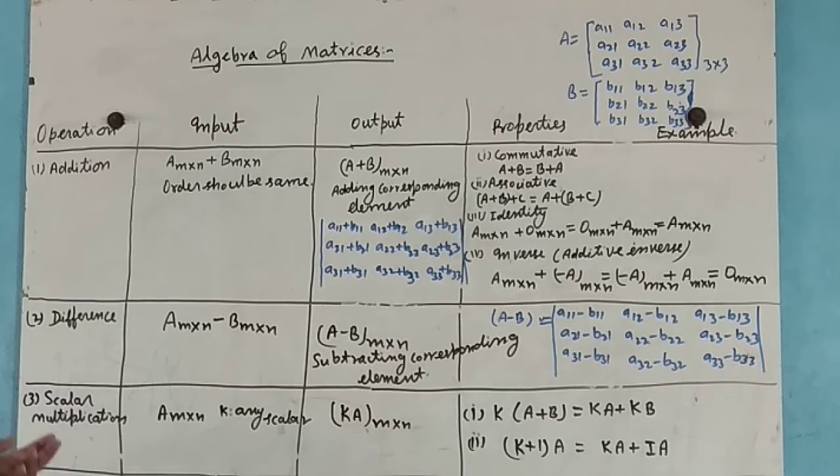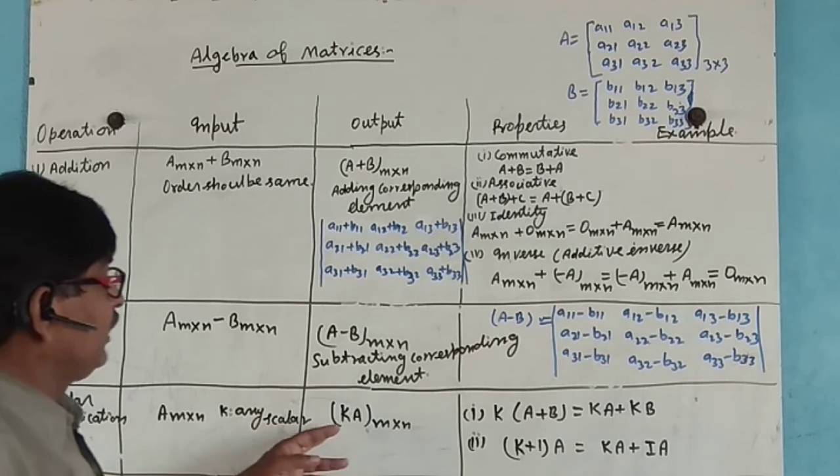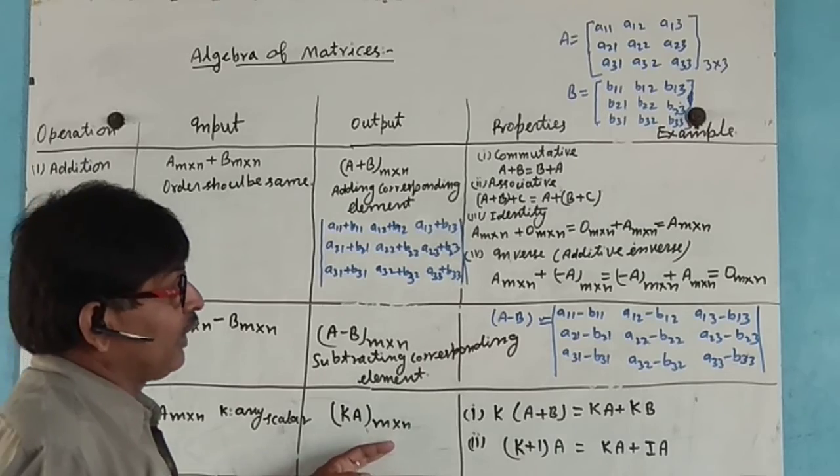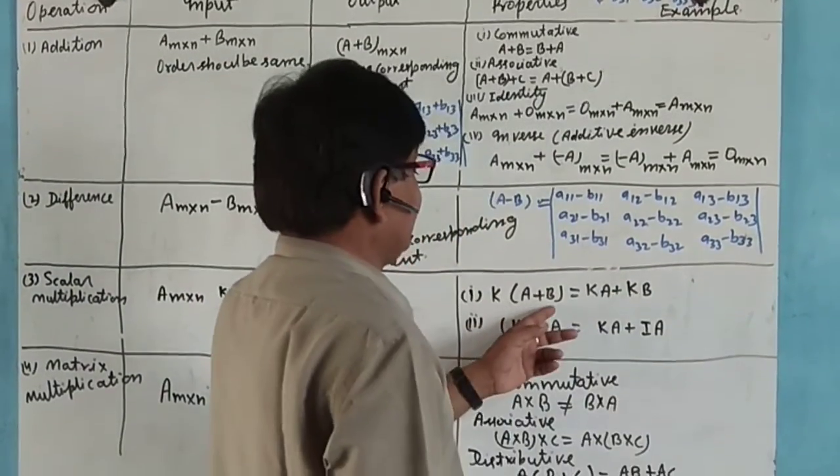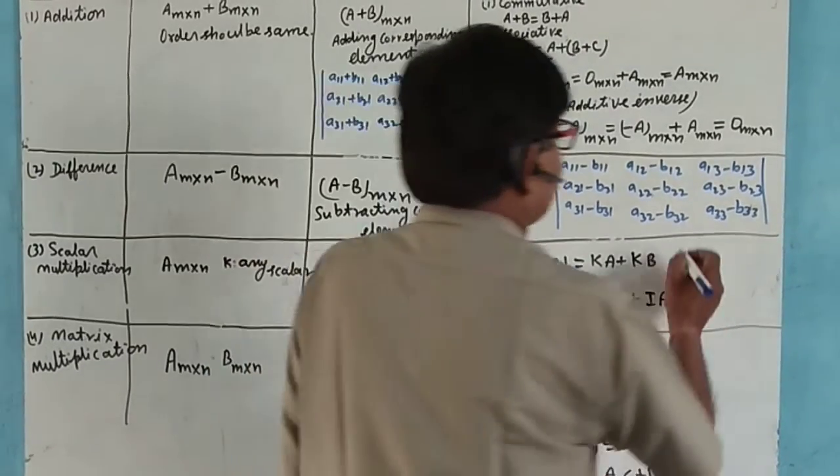Now, scalar multiplication. A is a matrix of M cross N, and if we multiply by any scalar, that is any number K, then KA is also M cross N here. K is multiplied to each element.